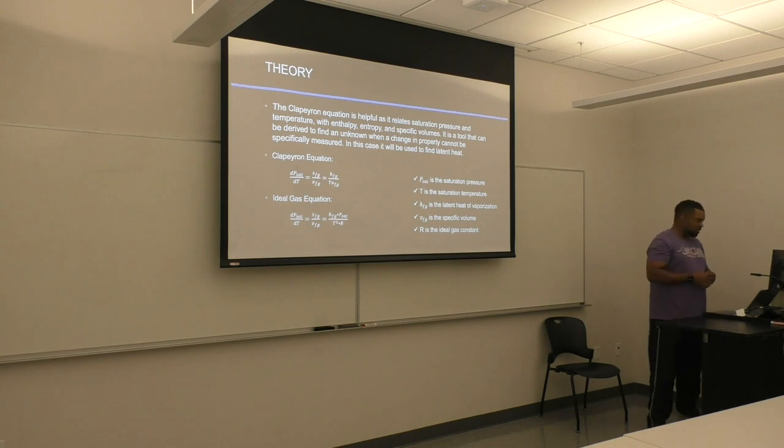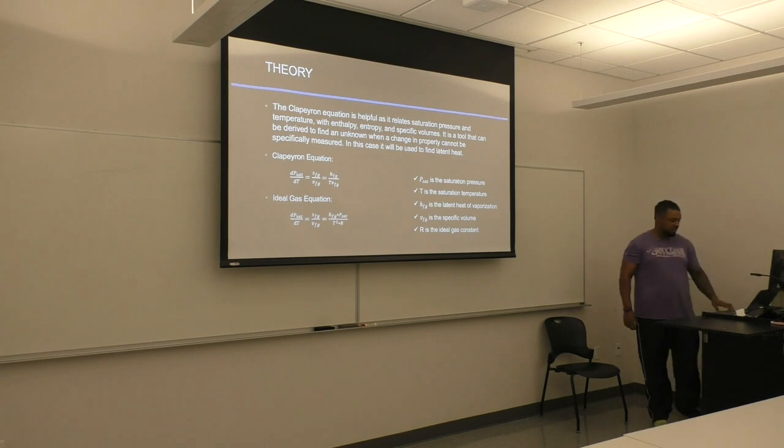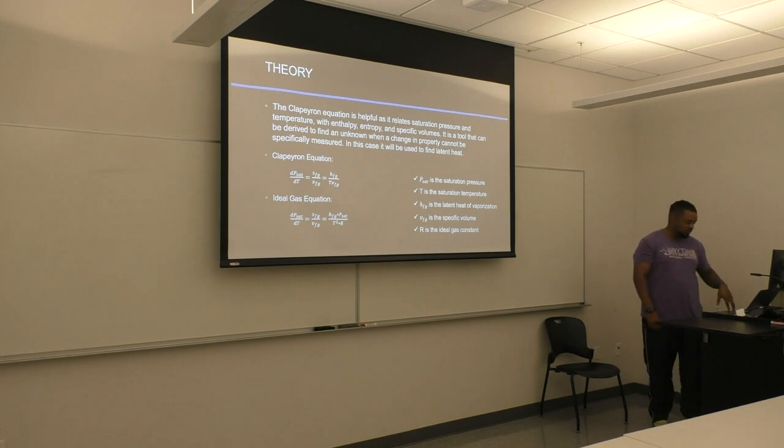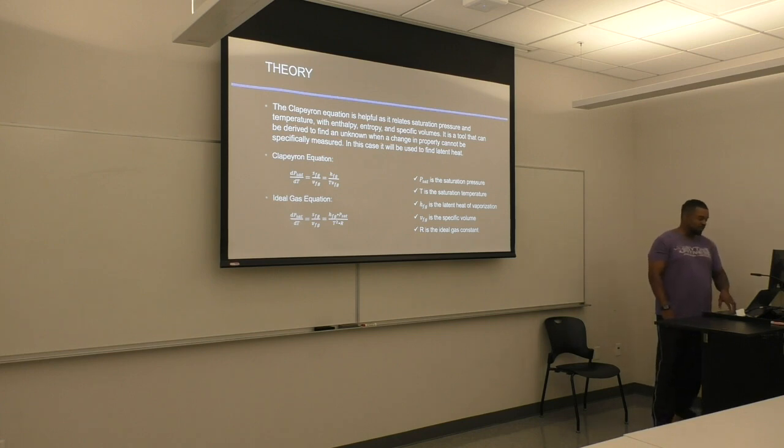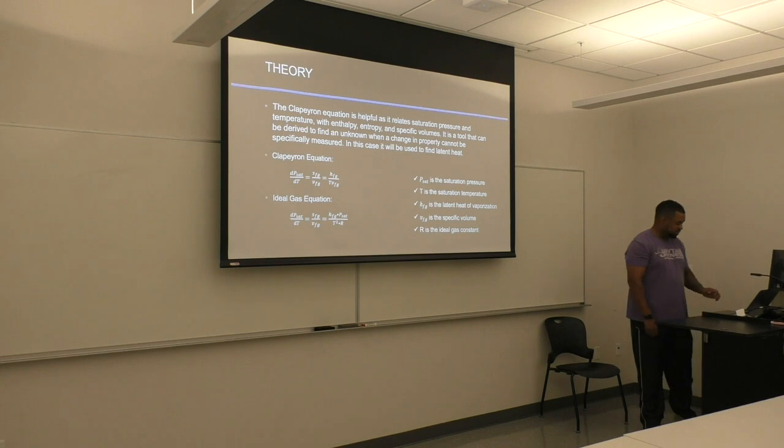And you can manipulate that to get your latent heat of vaporization, which we will do in this experiment. Also, if you have an ideal gas situation, you can use the equation which typically relates the same features as the Clapeyron equation, but it has the ideal gas constant, obviously, and it uses temperature.